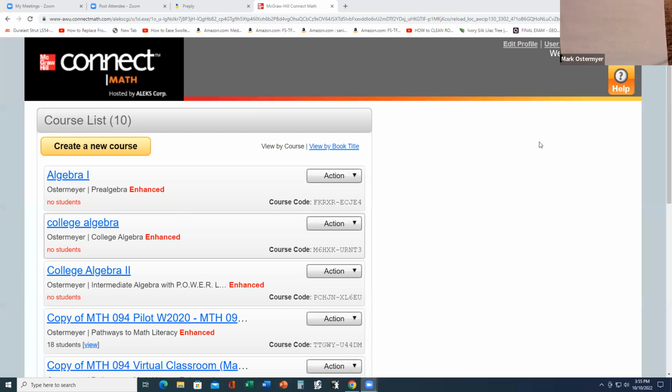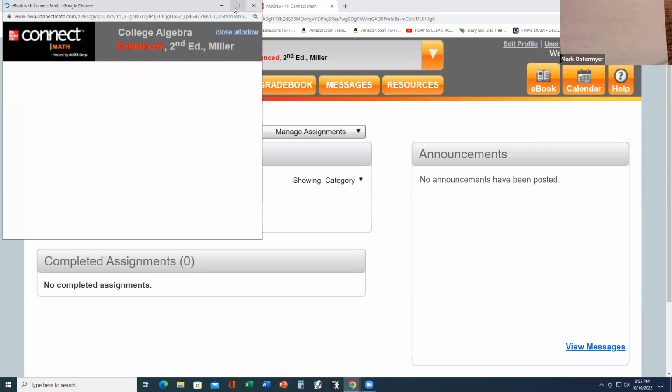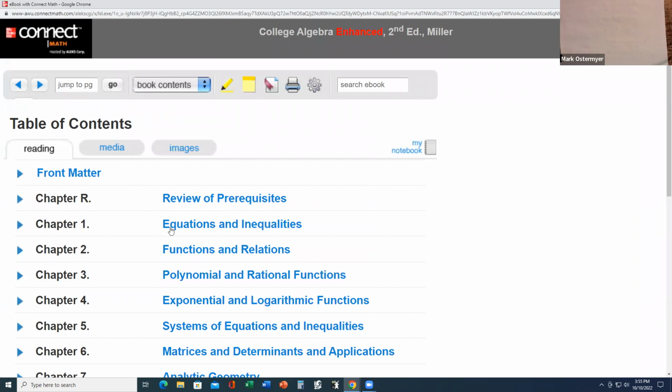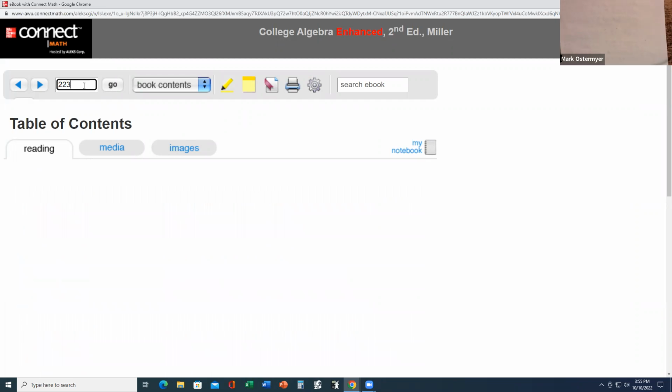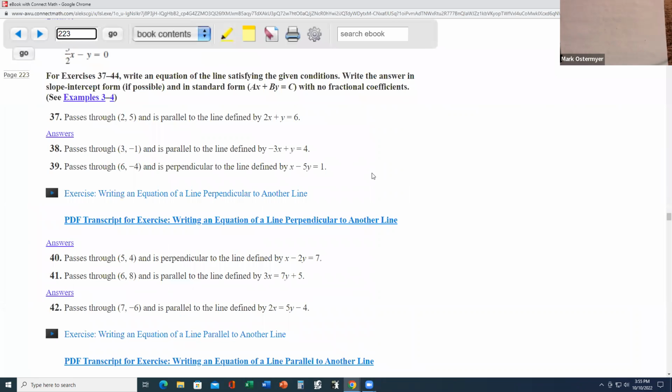All right, can we see this or not? Yes. All right, I'm going to go to page 223 in our textbook. Jump to 223. All right, here we go.